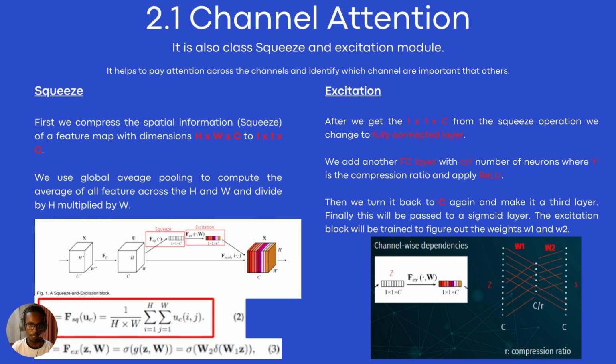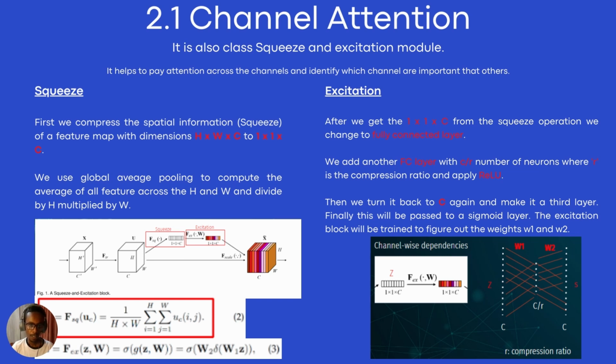So for example, if you have an input feature map with dimensions H by W by C, first you compress them spatially. You compress the height and width information into a 1x1, and we compress it by using global average pooling, to compute the average of all of the features across the height and width.